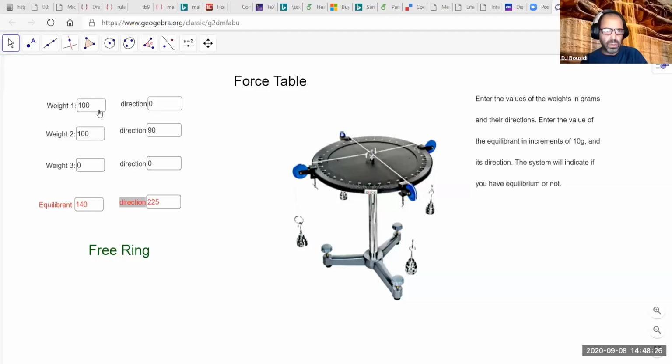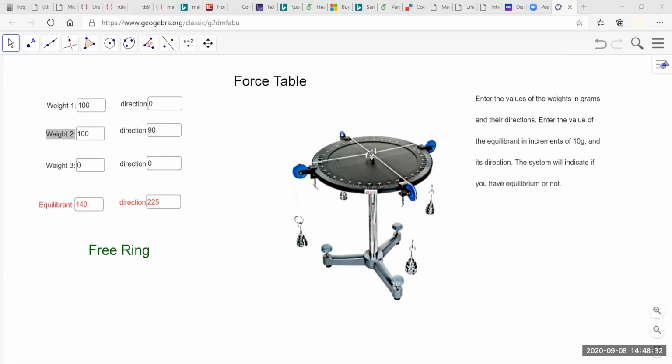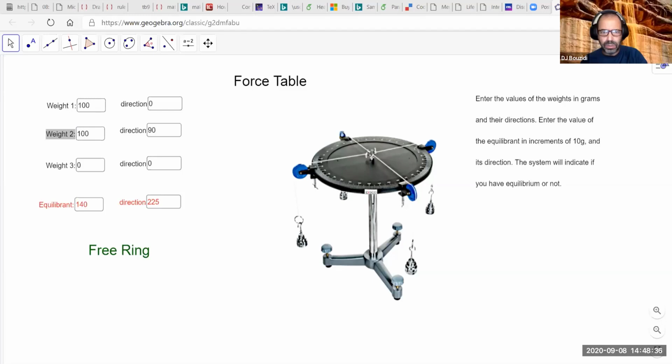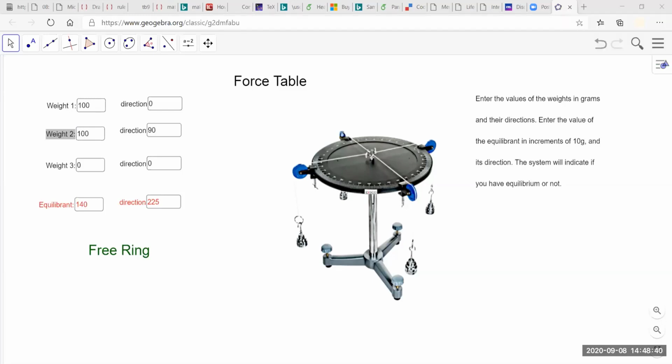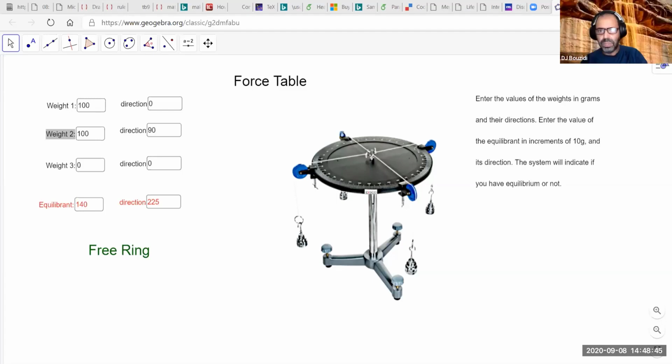So what were the vectors though? Was it 50 somewhere? Okay, the vectors are 50 at 50, and 100 at 165. Yes. Let me share the screen then.